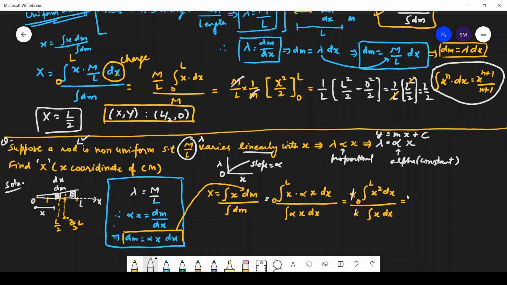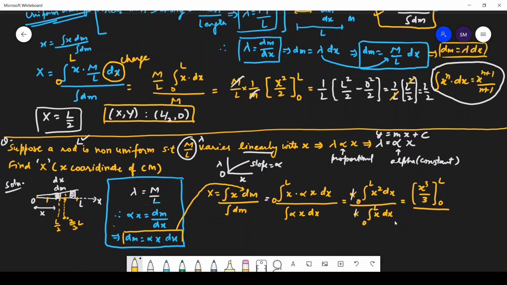So increase the power by 1, so here it will be x cube divided by 3, and 0 to L. So we have used this formula: increase the power by 1 and divide by that power. So here also, of course, this is 0 to L, this dx.